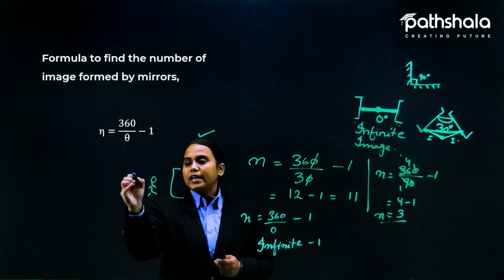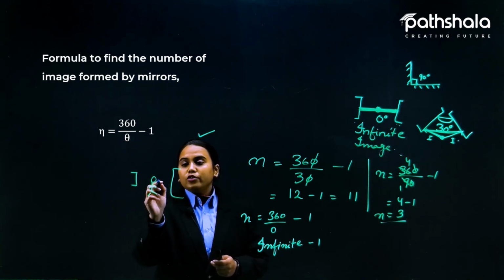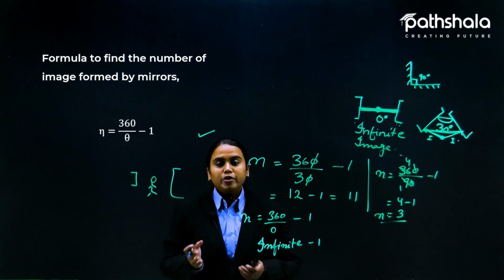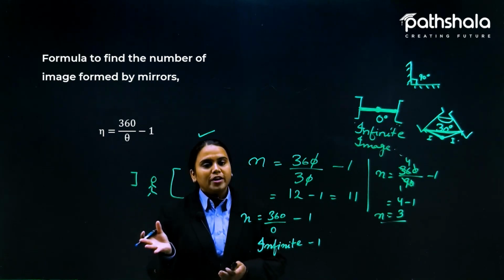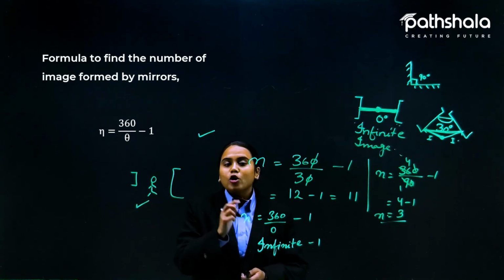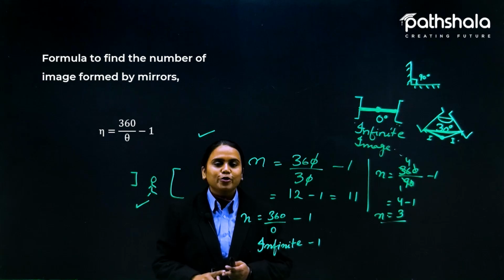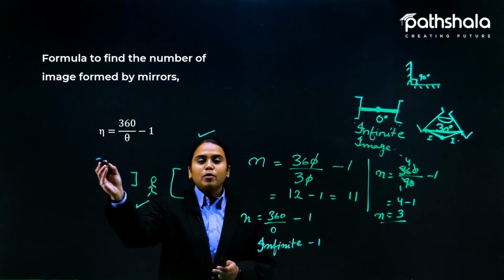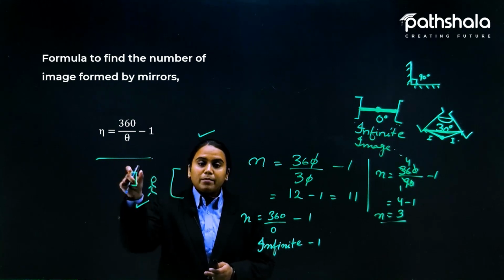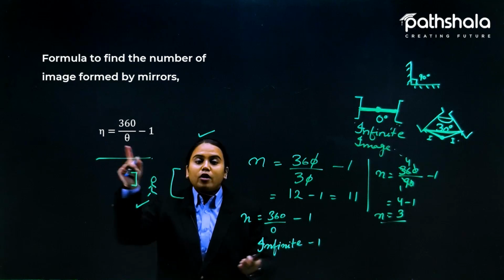So the barber would take another mirror at the back of you, and you would be able to see the back side of your head, to check whether your haircut has been done properly or not. Okay, so in this way the barber also knows the technique of multiple reflection of light. So why not you? Okay, so consider this formula as a very important thing for the exam, and remember it, and a lot of practice should be done for this formula.